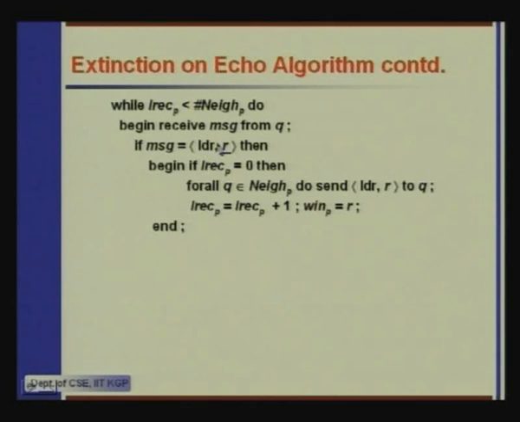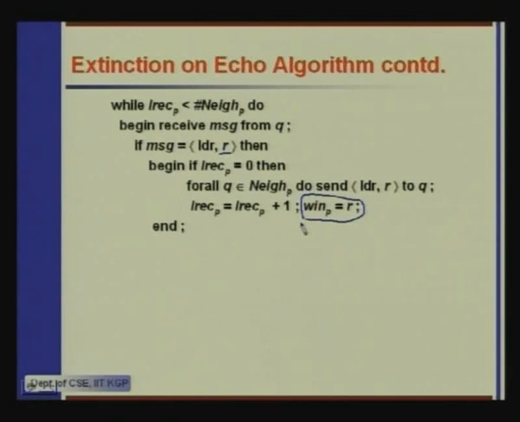So, it is exactly as in the echo algorithm, that what it does is it checks whether this is the first message received of this type, then it will send to all neighbors this leader message, okay, and then increment this and set win P equal to R, because the leader message asserts that R is the winner, right, clear.